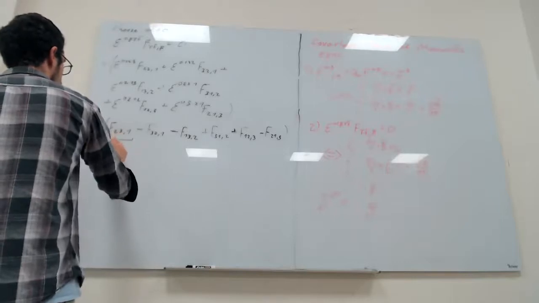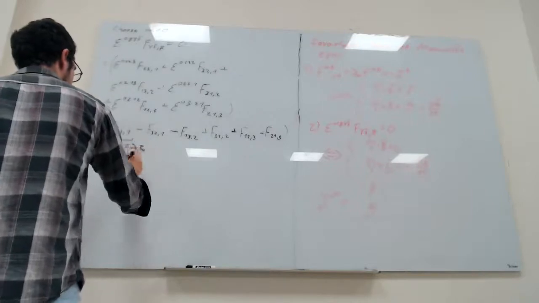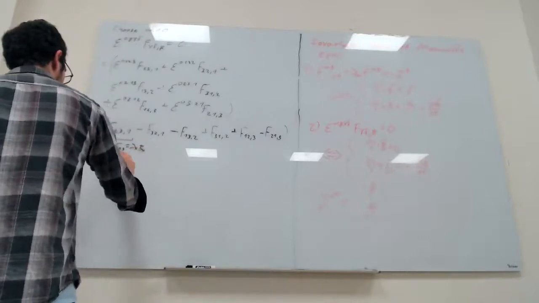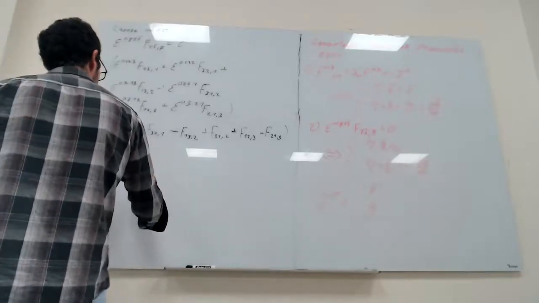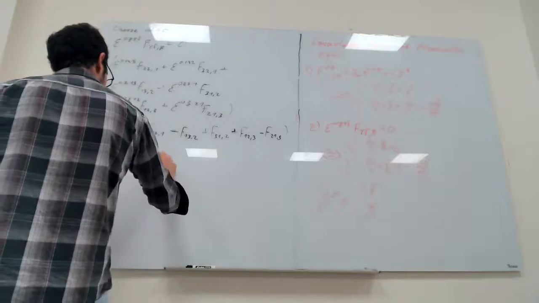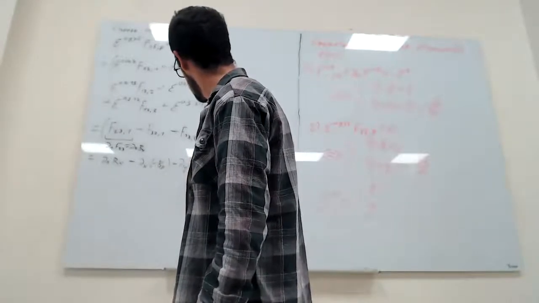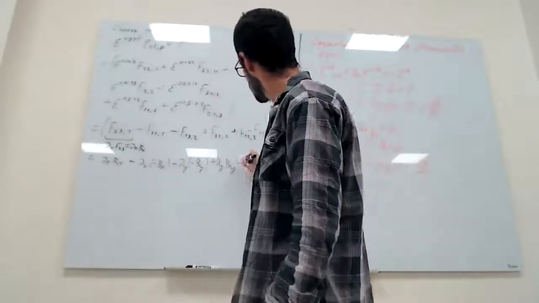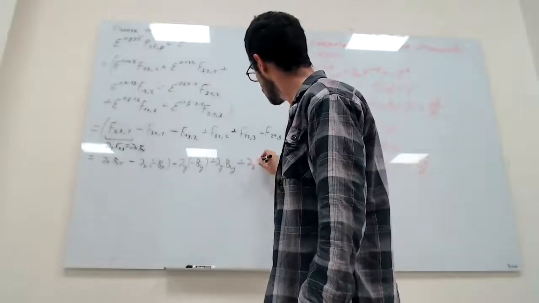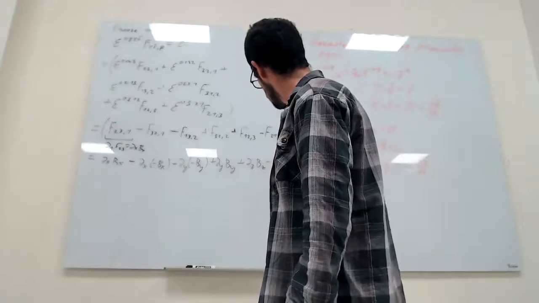That means d dx, yeah, got it. F3, which equals d Bx over dx. We have d Bx dx minus d Bx dx, minus dBy dy, plus dBy dy, plus dBz dz minus dBz dz.